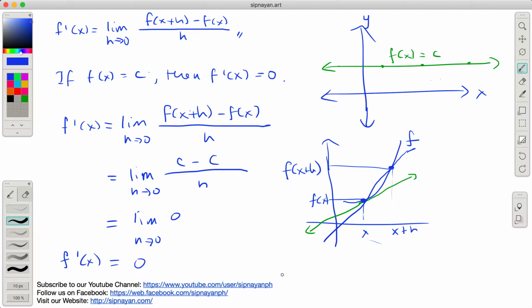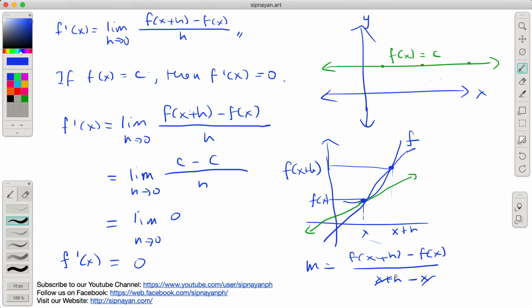So that the slope is actually y sub 2 minus y sub 1. So f of x plus h, this is our y sub 2, minus f of x, yung y sub 1 natin, over x sub 2, x plus h minus x sub 1. So, dyan nanggaling itong formula to kasi maka-cancel yan, di ba? Ito yung slope ng secant line.